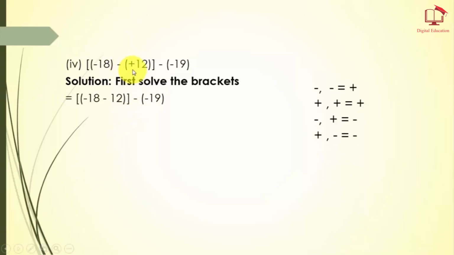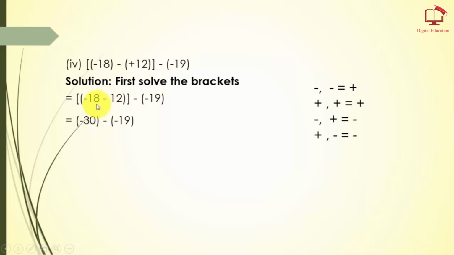Part number 4. First solve the brackets. Here you can see here we have minus and here we have plus. If we multiply these two signs, the answer is minus. Now here both are minus symbols, and you know that minus and minus plus, if we add these two integers, 18 plus 12, the answer is 30, and 18 is greater.